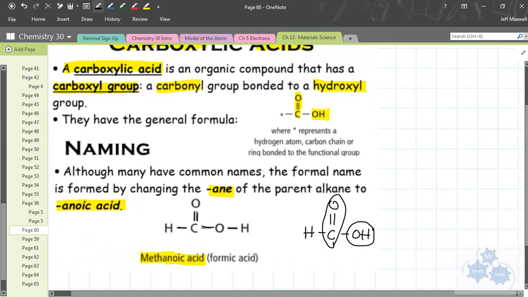Yeah, it's the same. What you don't want to do is draw this. You just can't do that because this O is not bonded to the other O. See, they're bonded to the carbon, so just make sure you don't do that.